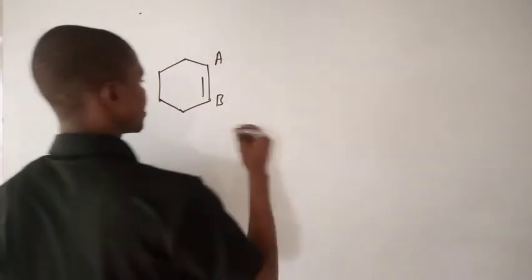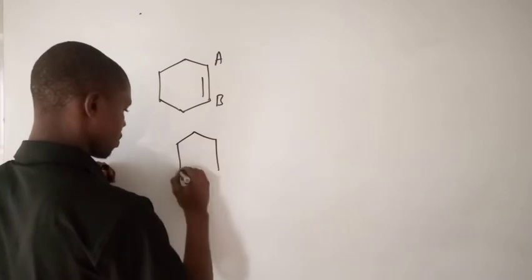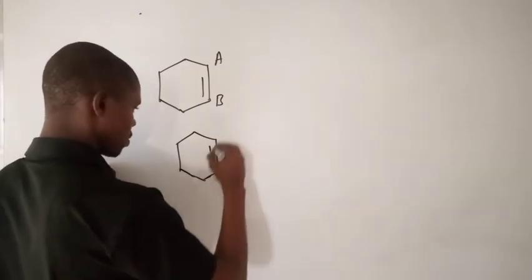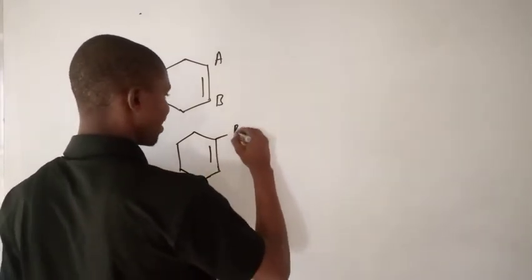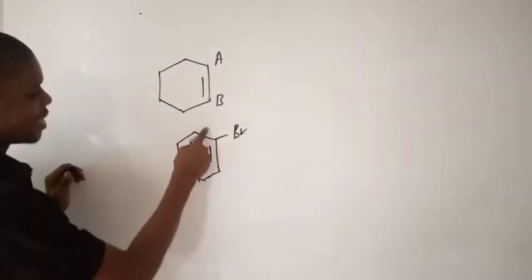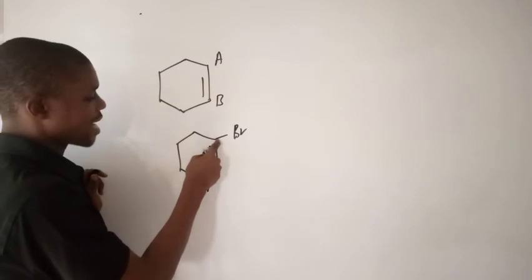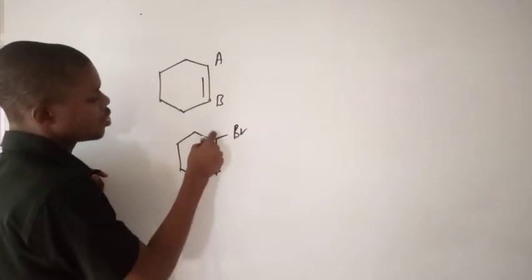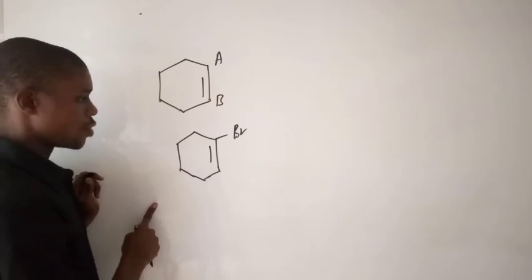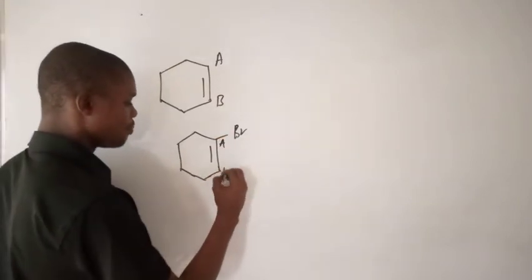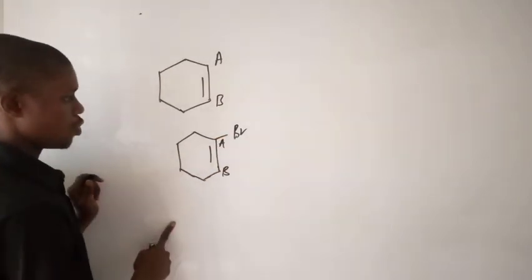So if I have something like this, remember I told you that either here or here can be my carbon 1. Now as far as this point carries a substituent, automatically this becomes my carbon 1. So A is my carbon 1, B is my carbon 2. Do you get that?